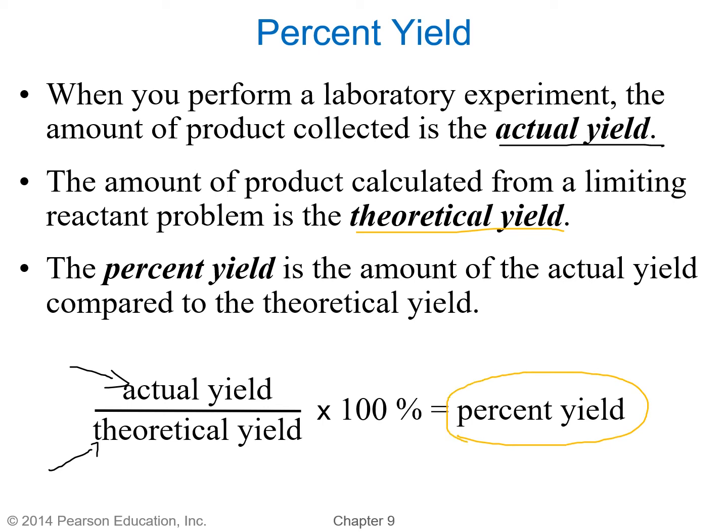Sometimes that can happen. And in fact, that is what happened for lab 15. Usually the reason for that is because there's still some water in your product that you haven't accounted for, or there's some other impurities in your product that are adding mass that you're not accounting for. But typically, percent yields have to be 100% or less because you can't create matter from nothing.